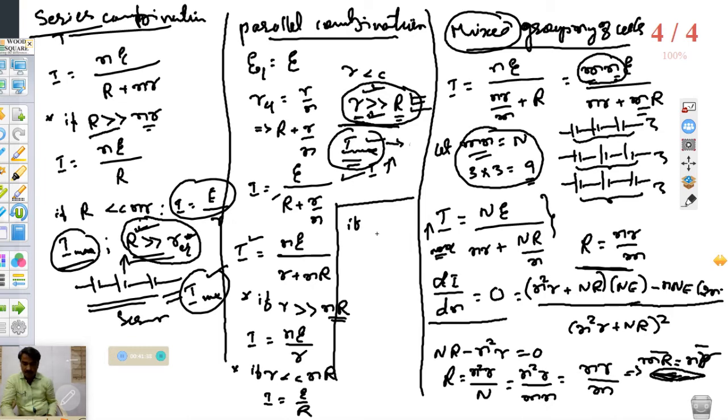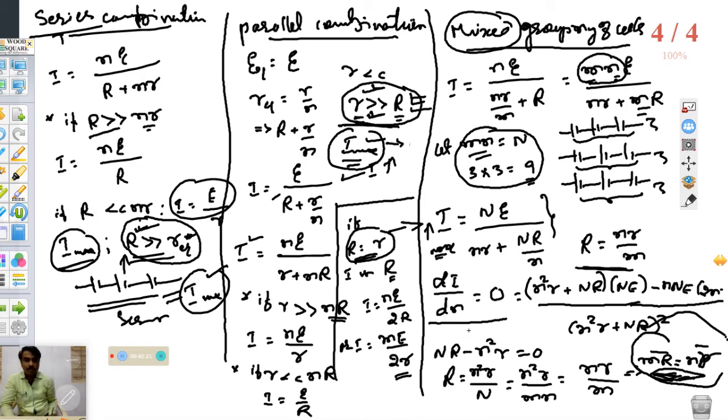If the external resistance R is equal to the internal resistance in the grouping of cells I am talking about, the current I in the external resistance will be maximum, which is given by I equals N times E divided by 2R, or else I equals M times E divided by 2R. Why is this condition applied here? This is the reason.